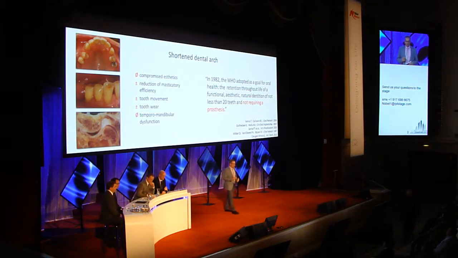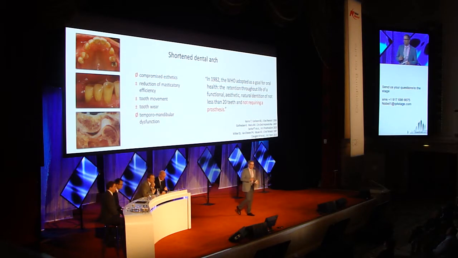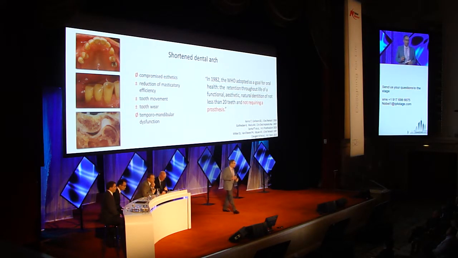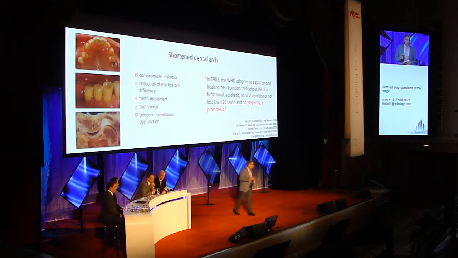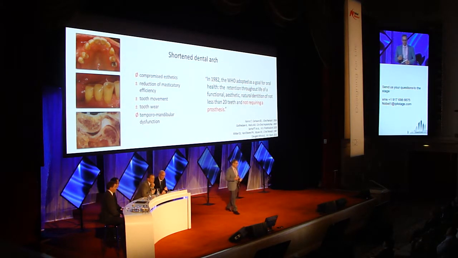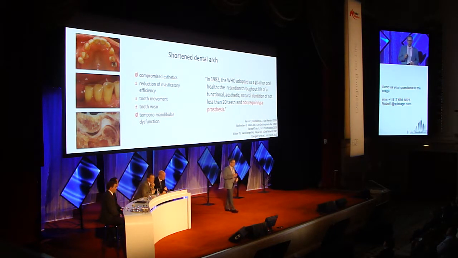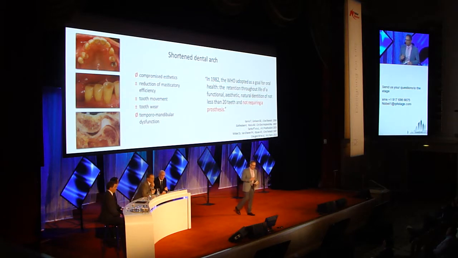Studies have shown that individuals who keep all their premolars and anterior teeth generally don't complain about their aesthetics. They do have an adequate masticatory efficiency. They will show some tooth movement and tooth wear, but this tends to stabilize.